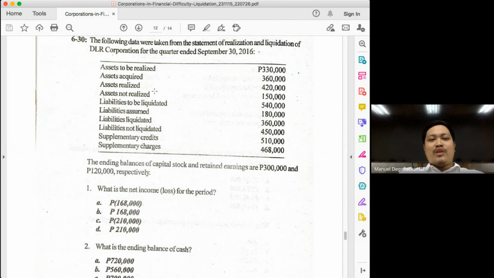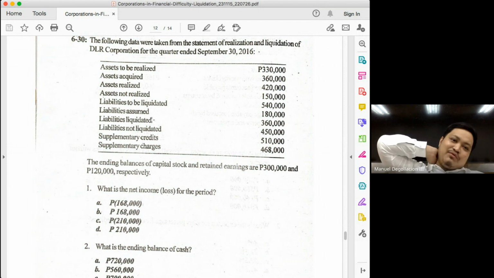Okay, when you try to rationalize the amounts to be realized or to be liquidated, you get confused because they have different treatment, without realizing that they are different because they occupy different sides of the accounting equation. Assets acquired basically again increases. Okay, so there's no need to memorize the solution here. You just have to understand what this amount represents and be confident that supplementary credits go to the credit side.